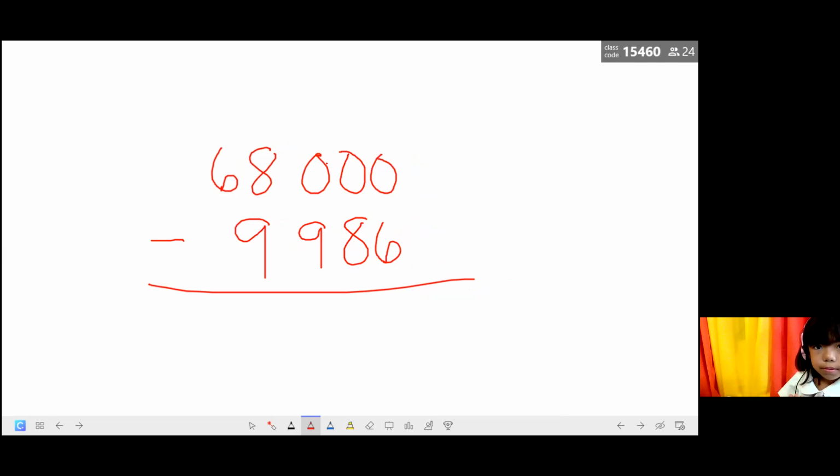Can we regroup 0 in the tens place? No. Because it's stuck in the hundreds place. No. So what number then should we regroup? 8.